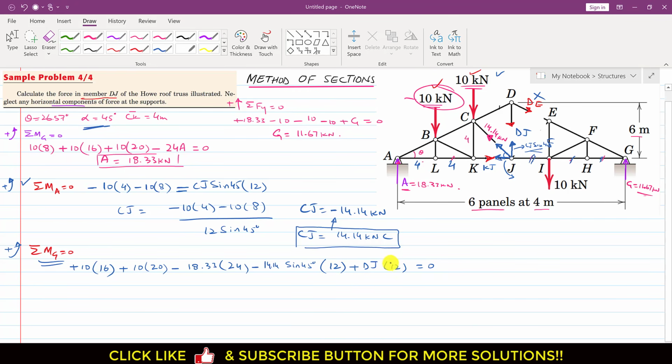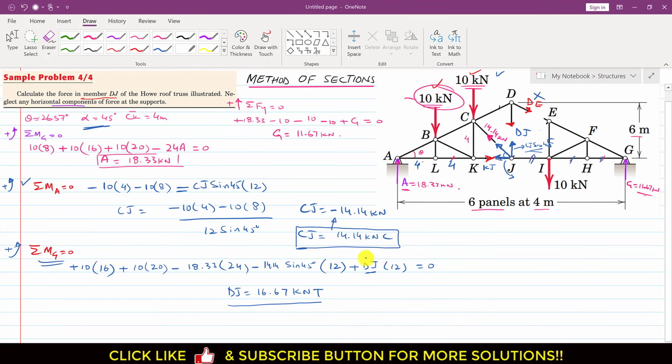If the magnitude of Cj was not known, if we hadn't calculated the Cj member force, then we would not be able to find this dj member force directly. Now from this equation, dj is 16.67 kilonewton, and since it is acting away from this joint D, this means that this is the tension force.